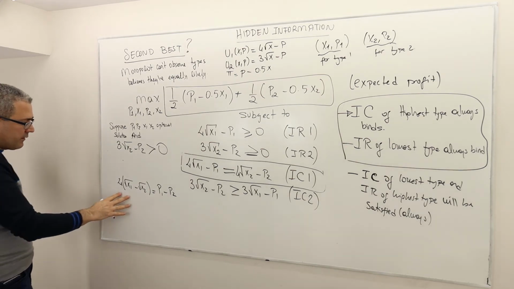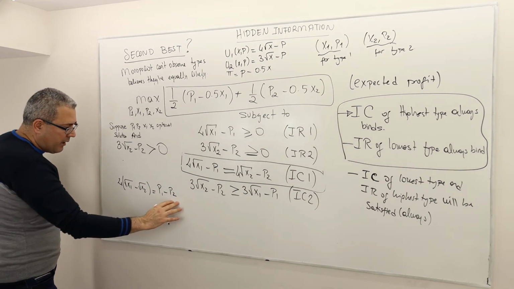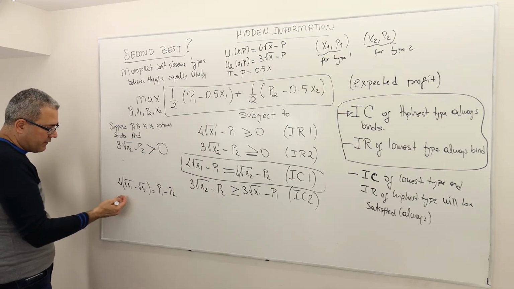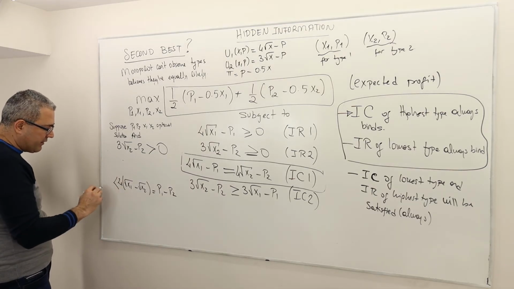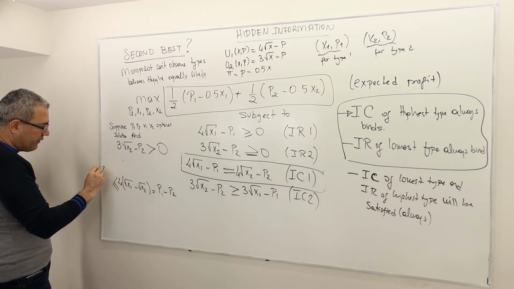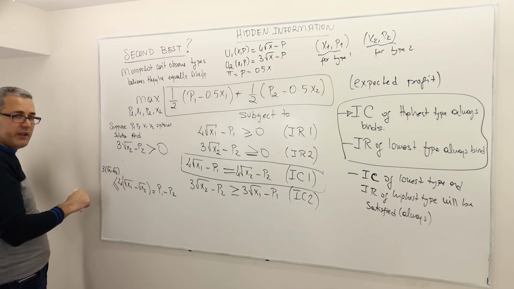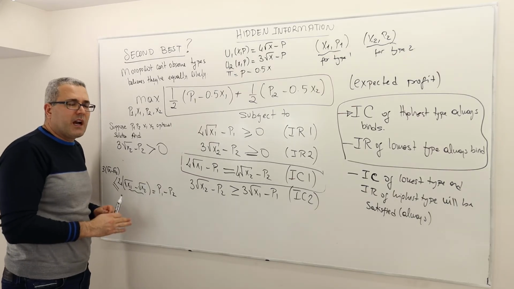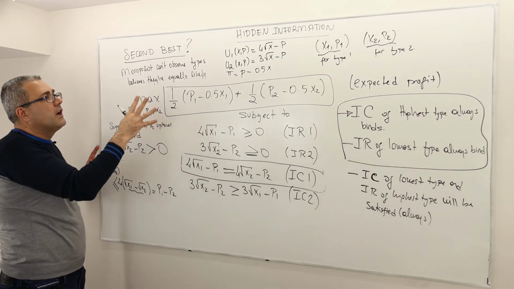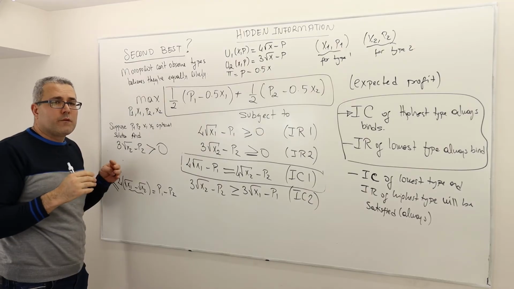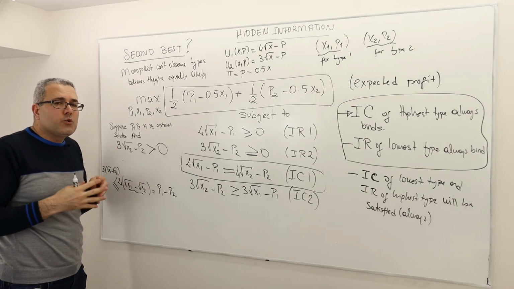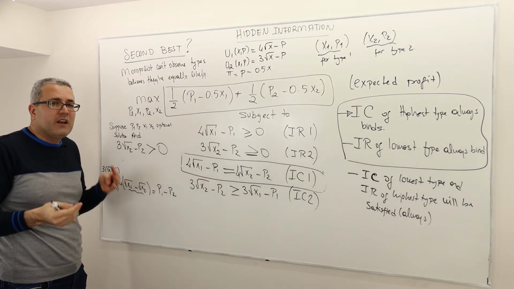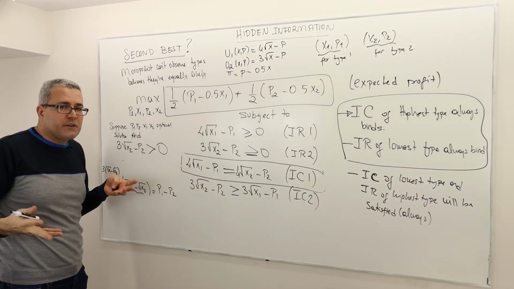If p1 minus p2 is equal to this, I know that this is greater than or equal to 3 times square root of x1 minus square root of x2. Agree? But remember I said, if the monopolist is going to offer 2 packages, those 2 packages should have different x's and different p's.